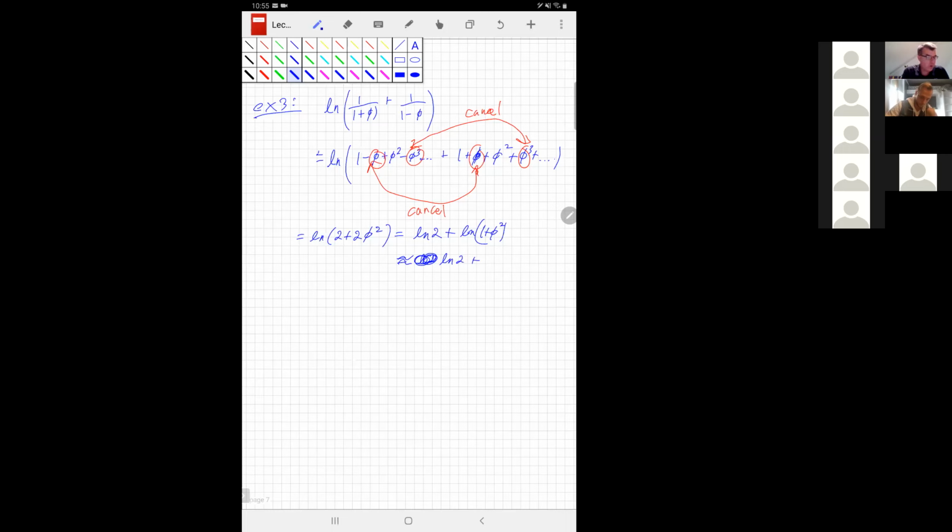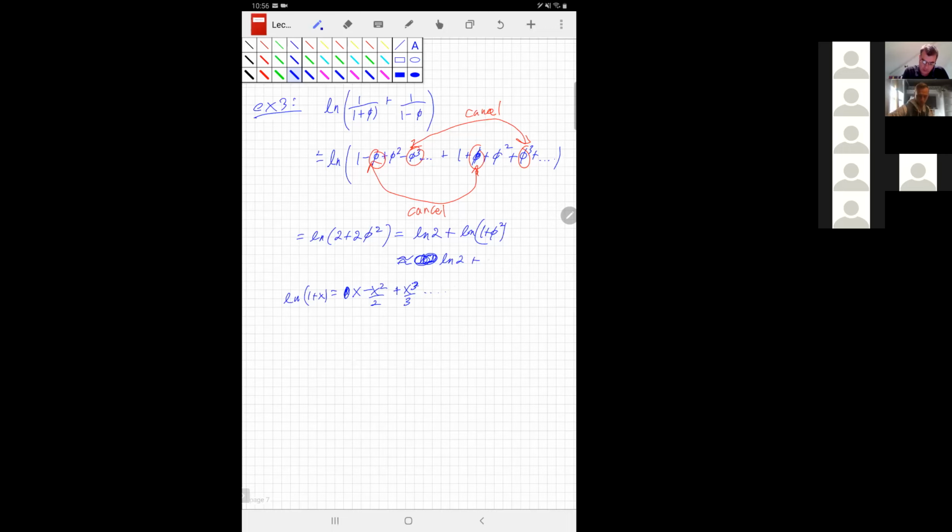And then we have to remember what our series is for the logarithm of 1 plus x. ln of 1 plus x is equal to x minus x squared over 2 plus x cubed over 3 and so forth.